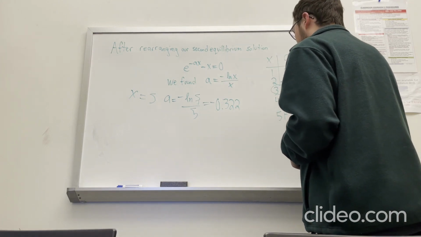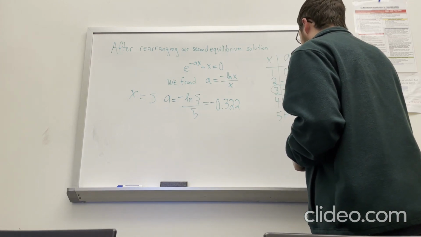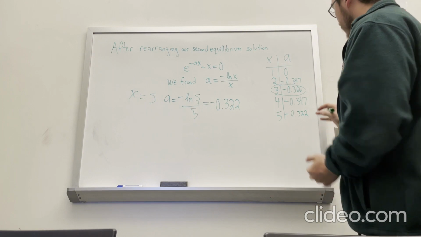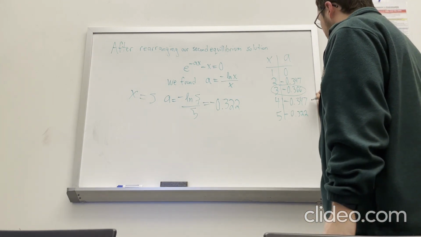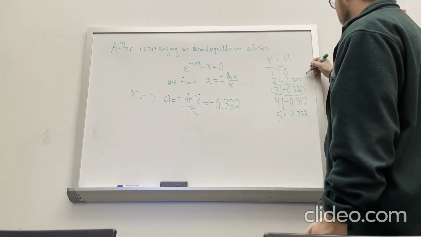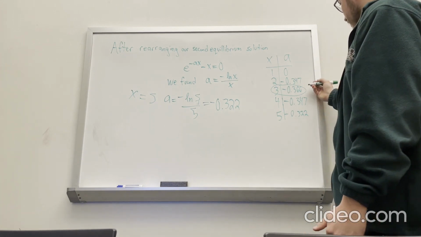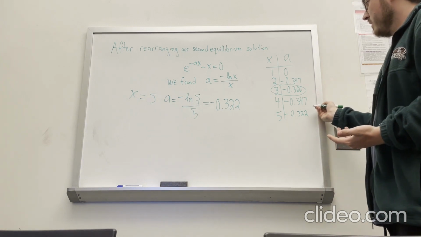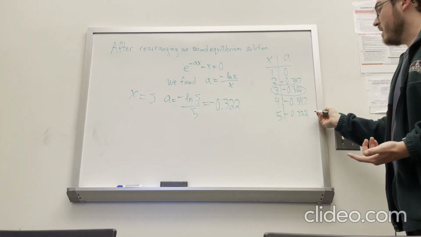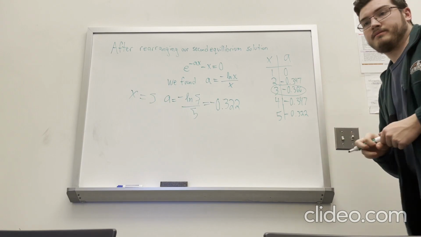All right, so now we're starting to go more positive here. So we see here, whereas before we were going more negative, starting from where x is equal to 3, we're going to end up with our values of a becoming more positive.